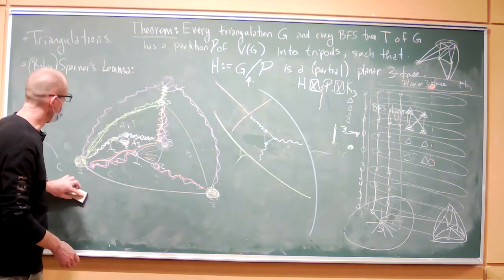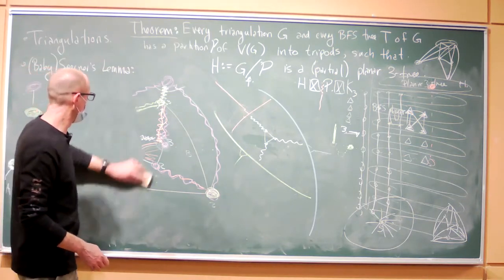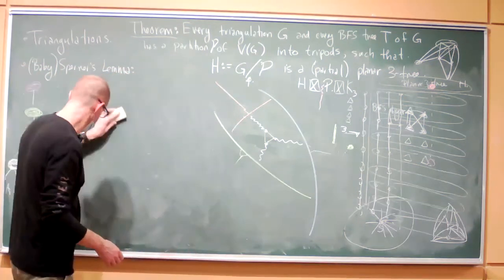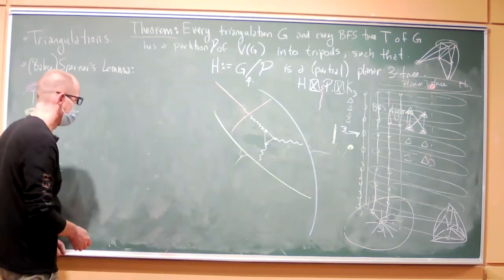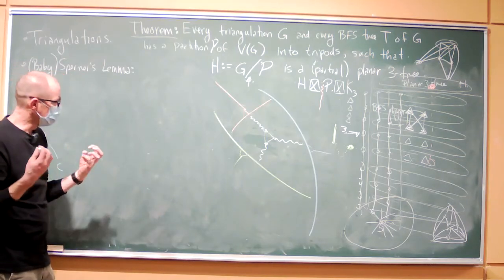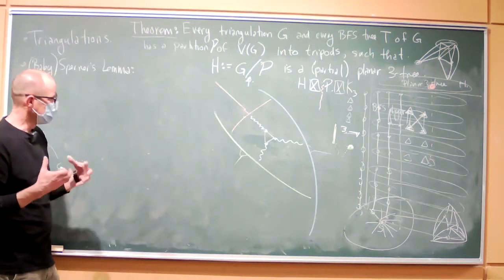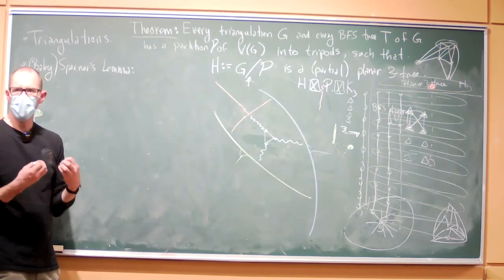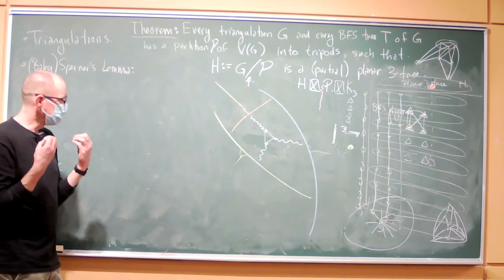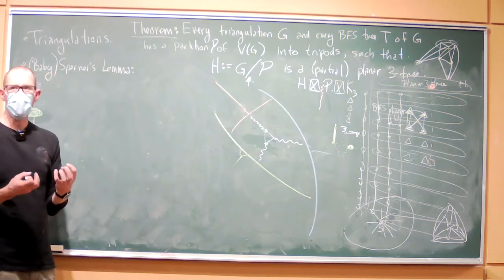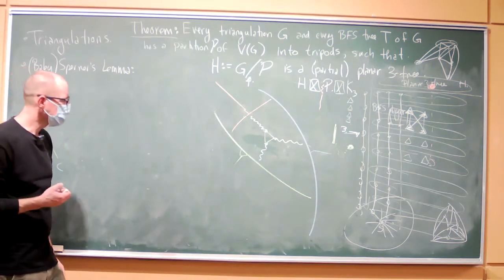So at every step, I have a collection of tripods that, if I were to contract them, would give me a planar 3 tree, with a bunch of these triangular faces.